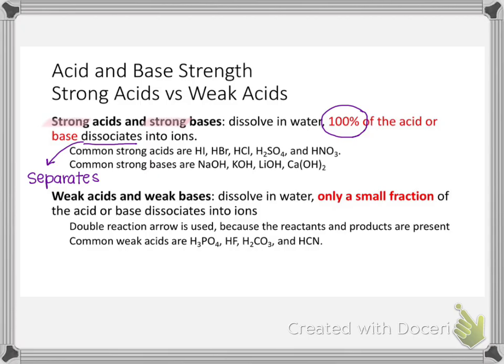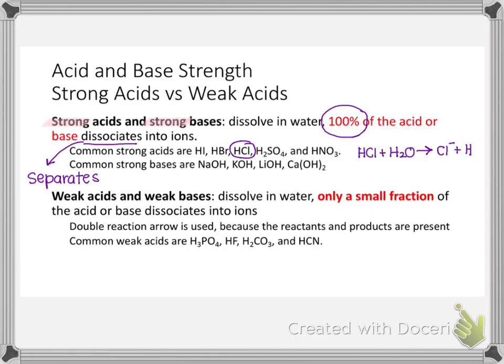This is the type of reaction which would get a straightforward arrow. So for example, we did this one right here already, HCl. So it would be like HCl was in water and 100%.